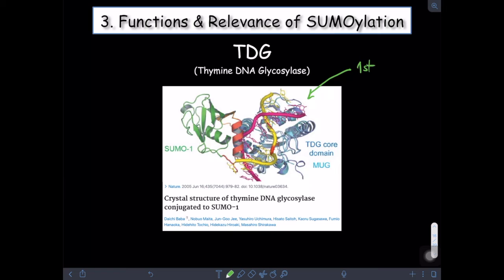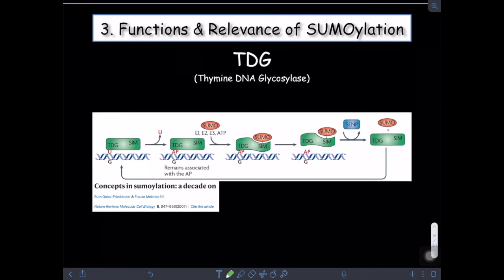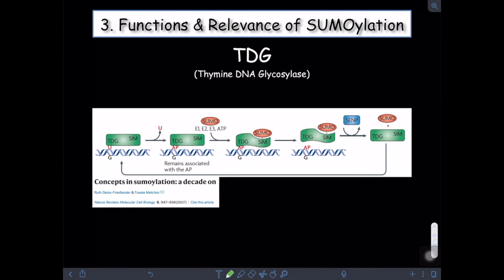And upon completion of those crystal studies, it was determined that SUMOylation triggered a conformational change in the shape of TDG that destabilized its interaction with DNA. So therefore, SUMOylation of TDG triggered a conformational change that allowed TDG to fall off from its target DNA.